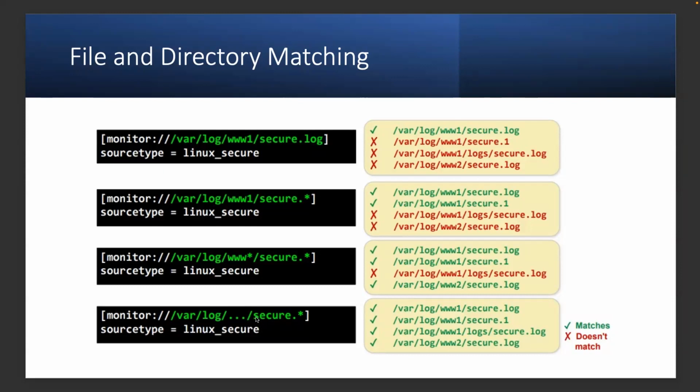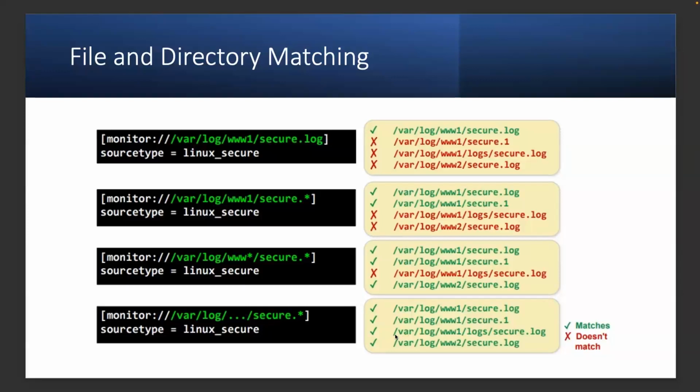Look for any file that ends in secure dot and whatever comes after that. It doesn't matter, as long as it's in this path var/log. And when this 3 dot is used, it would look at the directories in here. If you have 10 other directories in the path of var/log, and then the end of it is this secure.